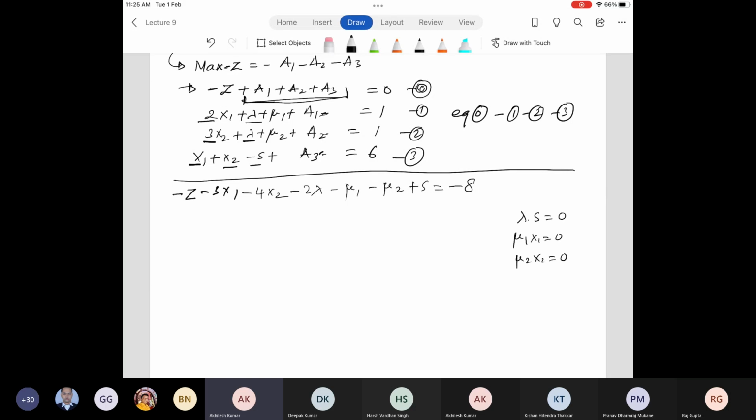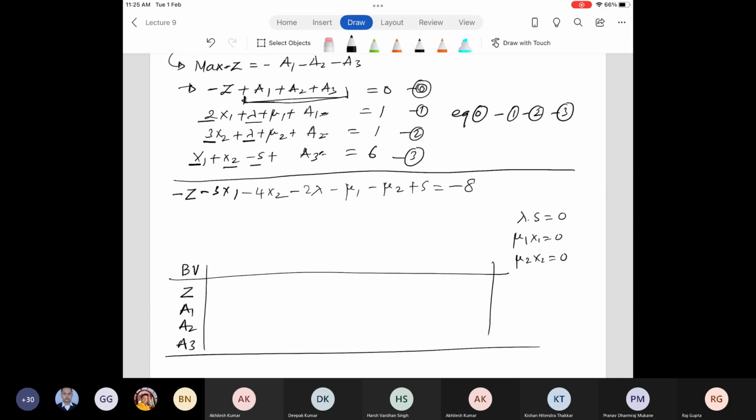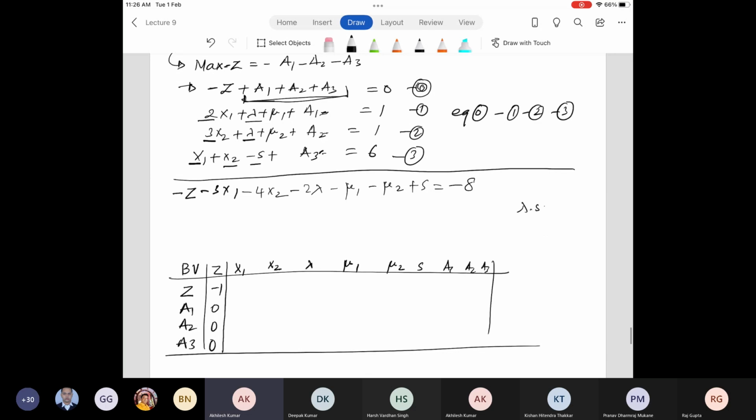Now suppose when I'm doing my iterations, the basic variables are G, A1, A2, A3. G is minus 1, since it is a minimization. Then the columns x1, x2, lambda, mu1, mu2, s, A1, A2, A3, the conditions lambda into s equals 0, mu1 x1 equals 0, mu2 x2 equals 0, and RHS.